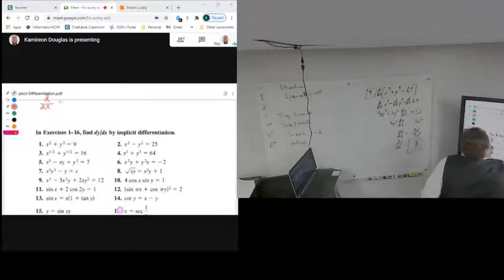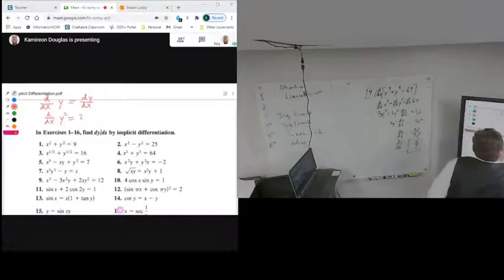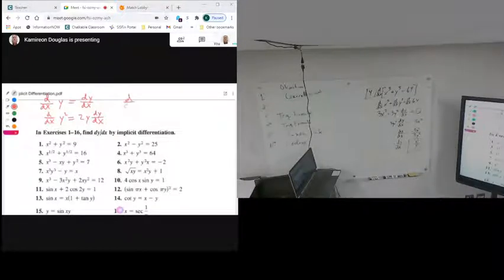So d dx of y is equal to dy dx. d dx of y squared is equal to 2y dy dx. d dx of y cubed would be 3y squared dy dx. And the powers keep going like normal. Basically, you take the derivative like an x and then add a dy dx at the end of it. You can't express it any simpler than that.